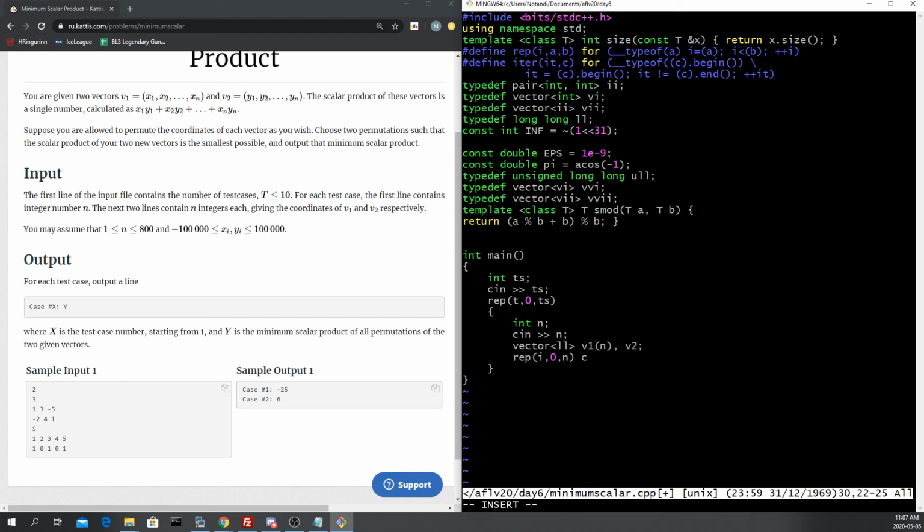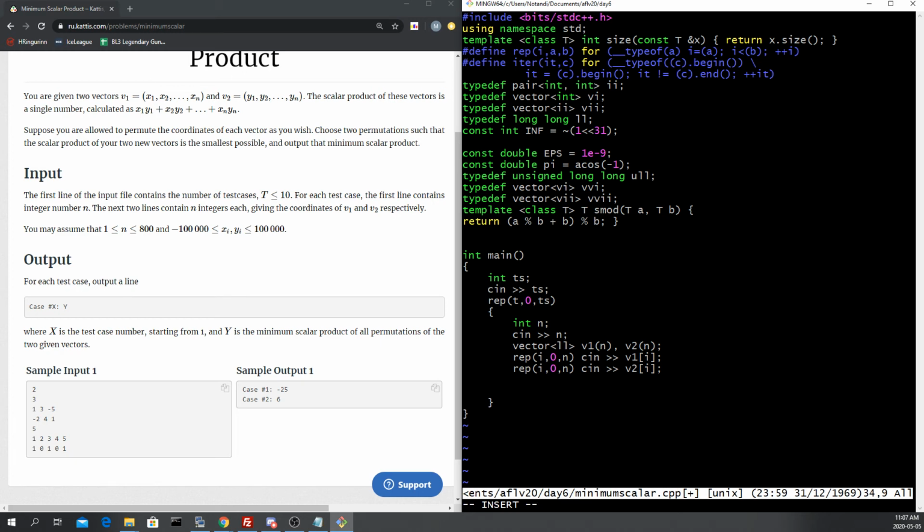These are each of size n. And then we read v1 and v2. Okay, so now we have our values.